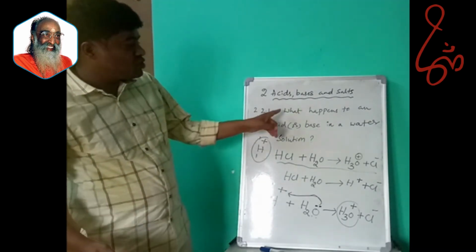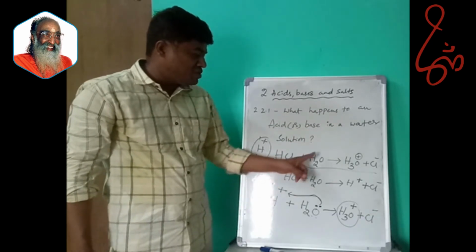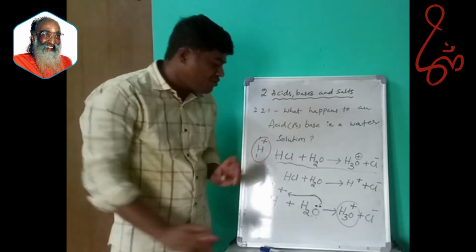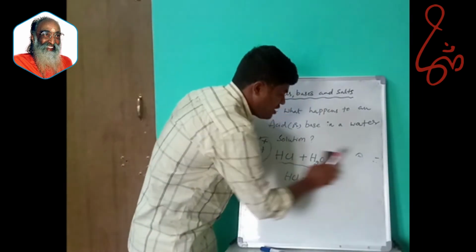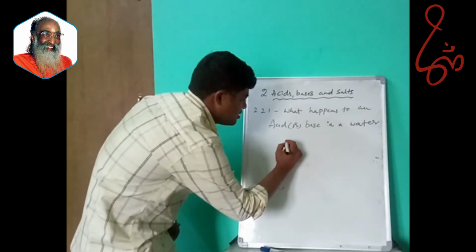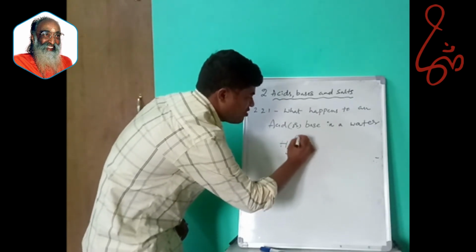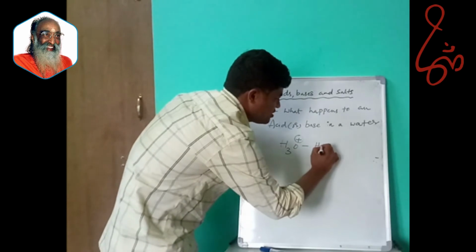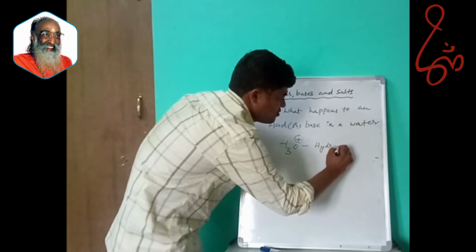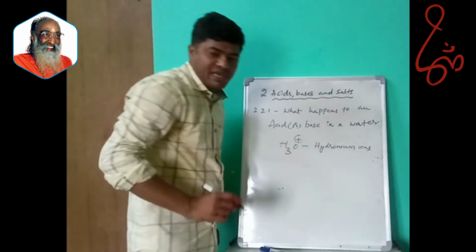So what happens to an acid in a water solution? Acids, when dissolved in water, give hydronium ions, H3O+.